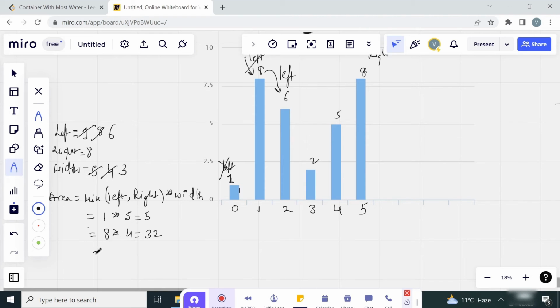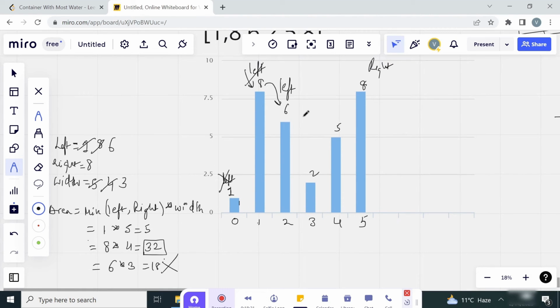Now we'll again calculate the area, the minimum of 8 and 6 is 6, into width 3, that is 18. But we will not update the max area to 18, because we already have the maximum area 32 available.